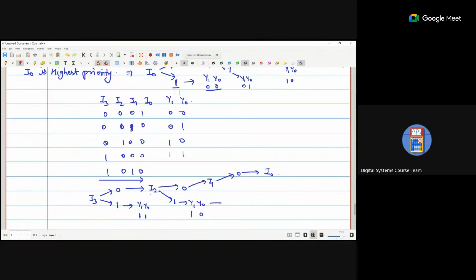Okay. If I1 is 1, it will set Y1, Y0 as 0, 1. If I0 is 0, it is invalid. Why invalid? Because all inputs are 0, so that is the invalid condition.